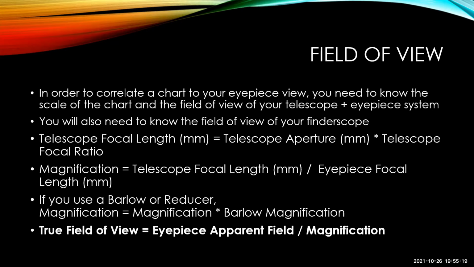The field of view of your optics is a combination of the magnification that the eyepiece gives in the telescope, any Barlows you might be using, all that, divided into the apparent field of the eyepiece. So, okay, we have an eyepiece. Generally the eyepiece will have on it the focal length of the eyepiece. You can usually find the apparent field of the eyepiece in advertising literature.